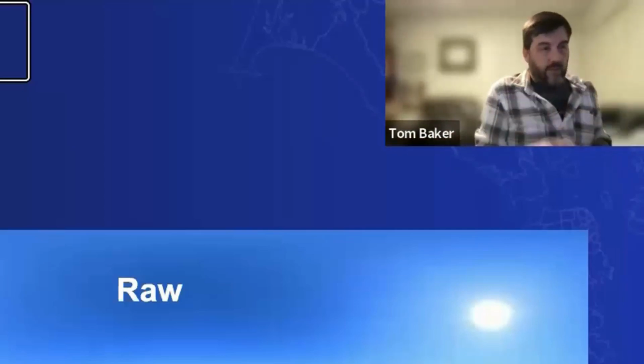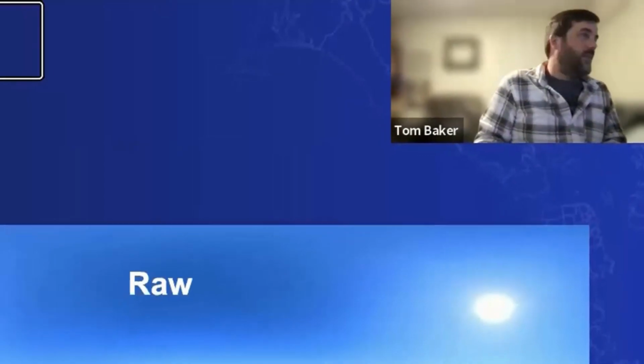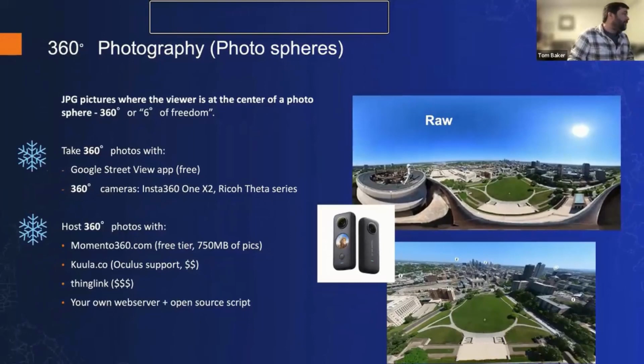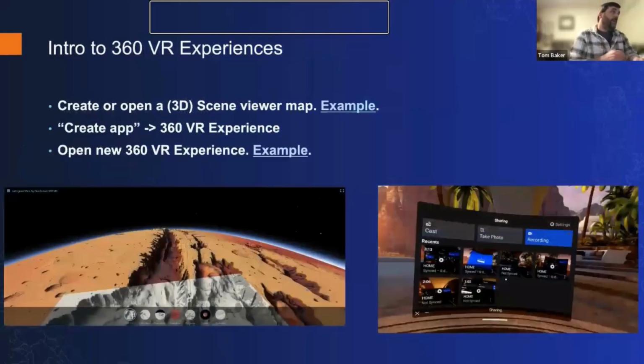Anyway, it creates a parallax, and you end up seeing quasi stereo. So 360 images. There probably are other cameras out there. Those are the two that I'm most familiar with. And probably other image hosting services, but again, that's what I'm most familiar with.